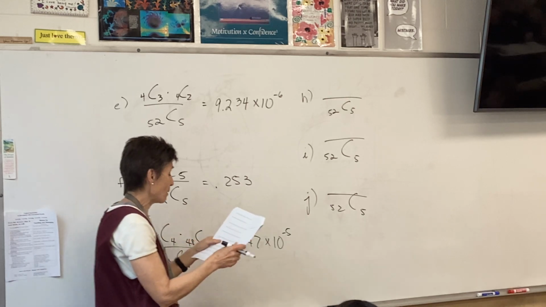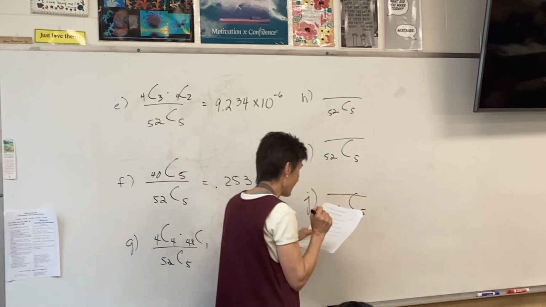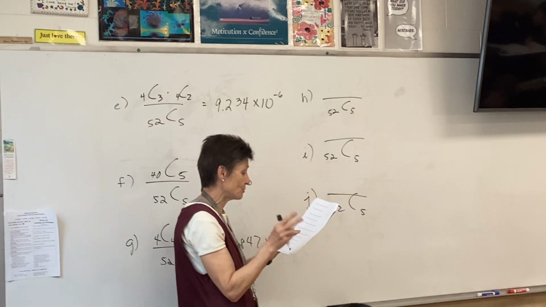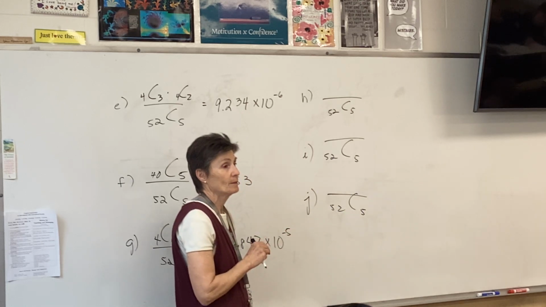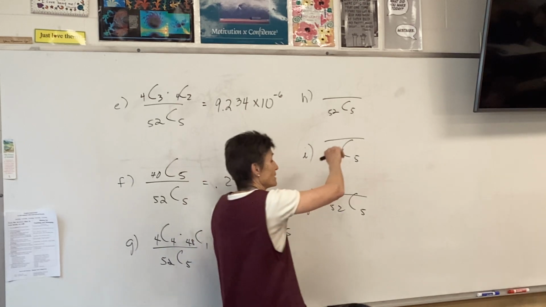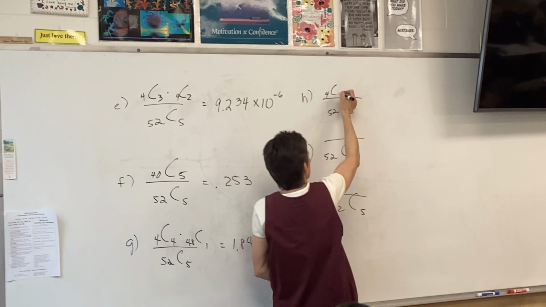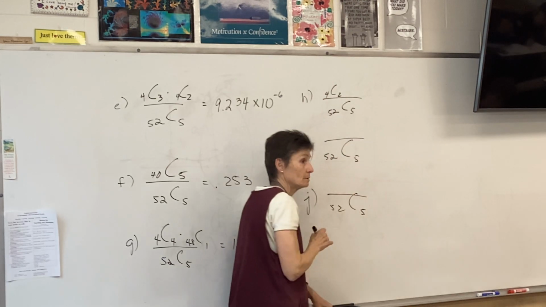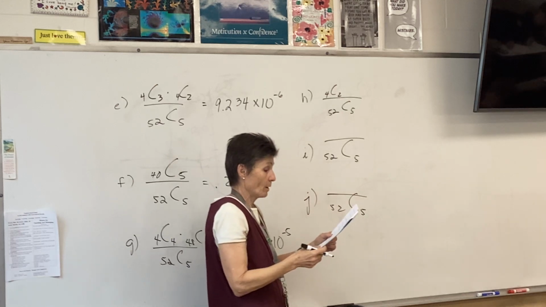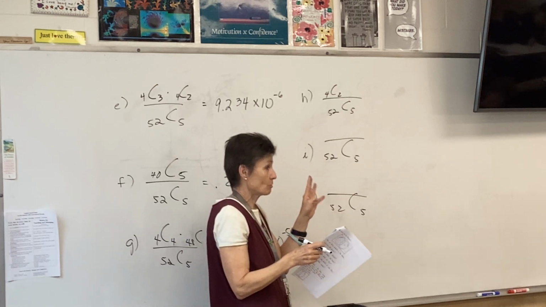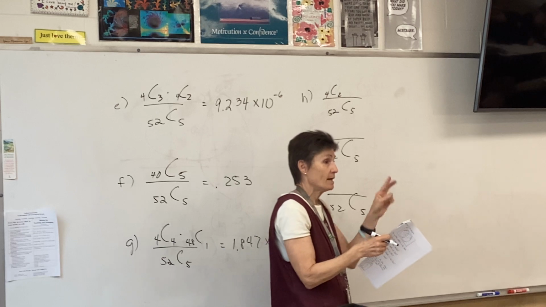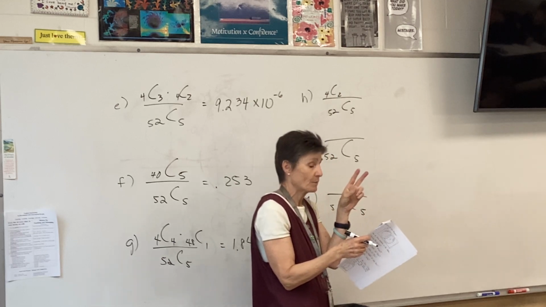Alright, where am I? H. What is the probability of being dealt a 5-card hand and having 2 10s, 2 jacks, 1 queen? Alright, 2 10s. How do I get 2 10s? 4C2. Where'd the 4 come from? There's 4 10s in the deck, and you're gonna pick 2 of them, any 2.